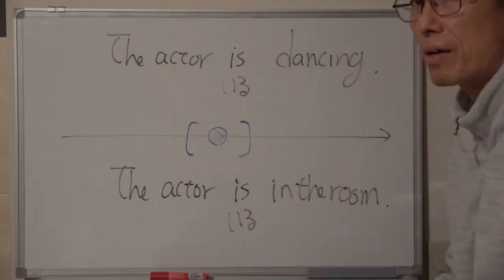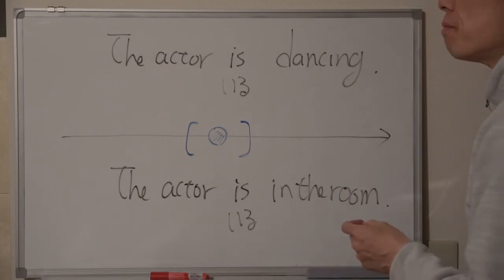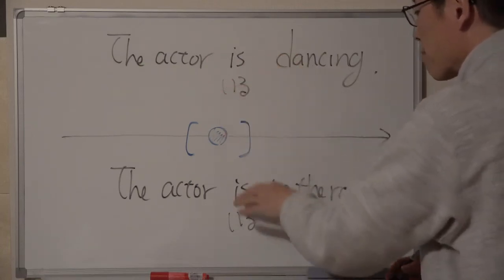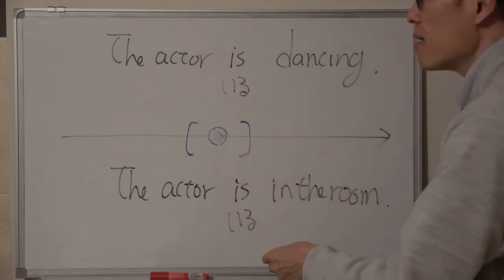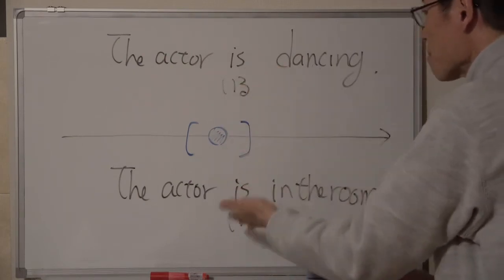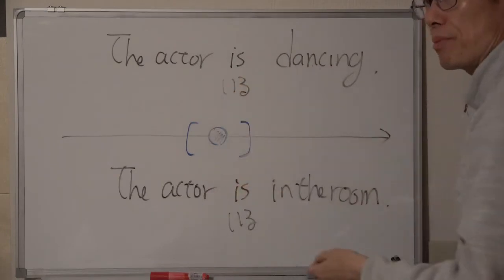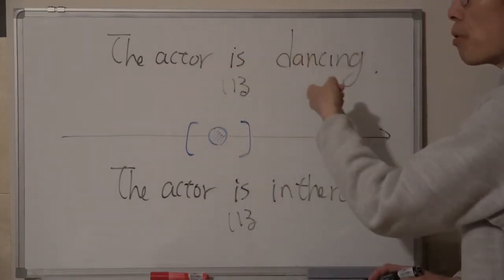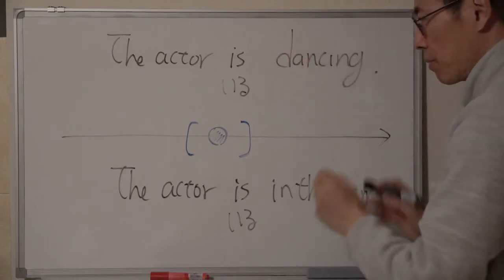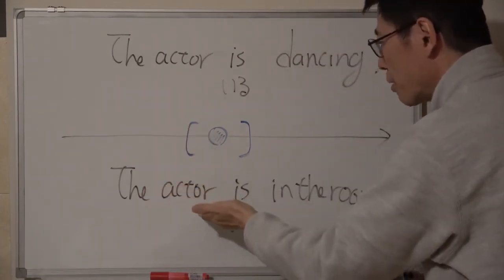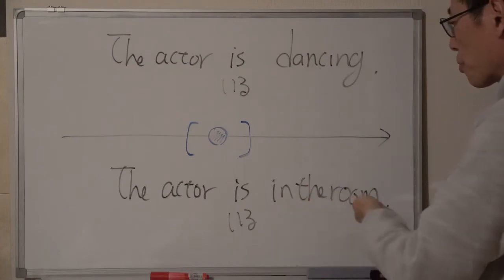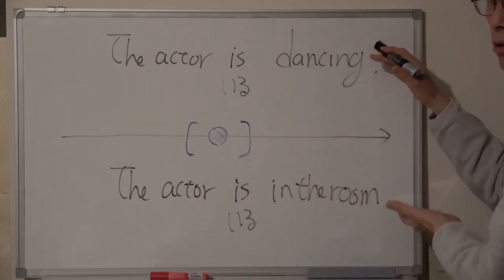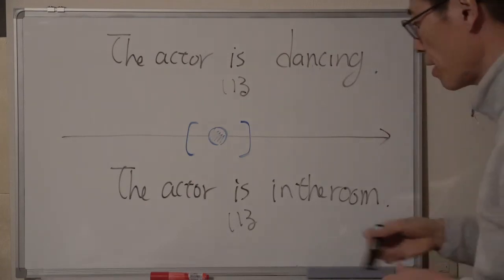Same meaning. Even though they seem to be very different from each other in meaning, actually they mean the same thing. Exist. 存在してます。います。Actor います。Where? どこに？ダンスという行為の中に。The actor is in the room. その部屋の中に。Very similar structures.